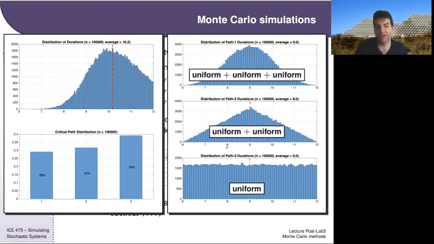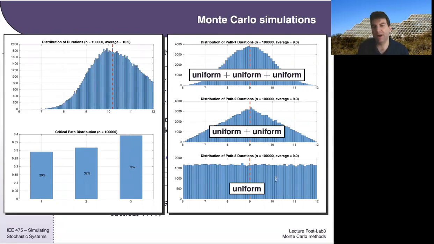It's going to happen a little more likely in this middle case because you only have 2 to worry about. So yeah, every once in a while, one activity is going to take really long and the second activity is going to take really long. That's going to happen more often in this case than in the top case. But it still doesn't happen as much as in the bottom case, so it happens more often here that you can get unlucky twice. In this bottom case, you just have the uniform distribution.